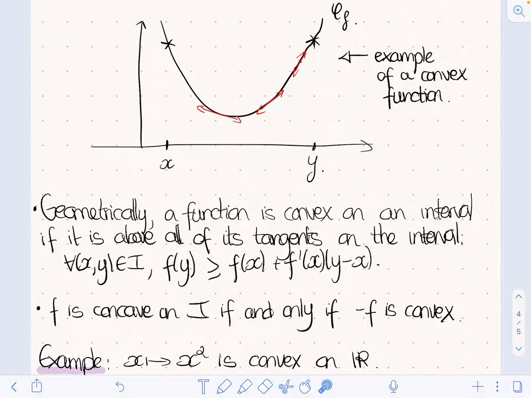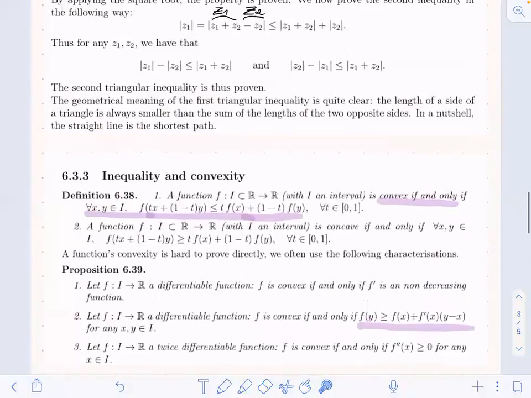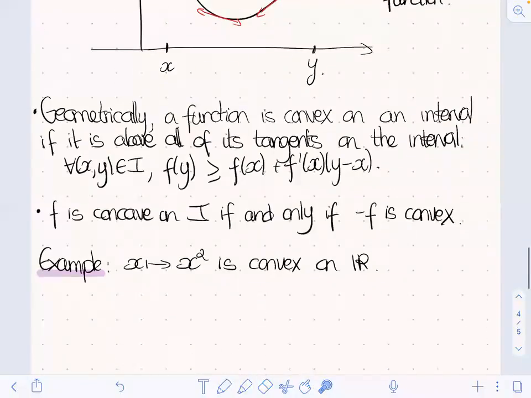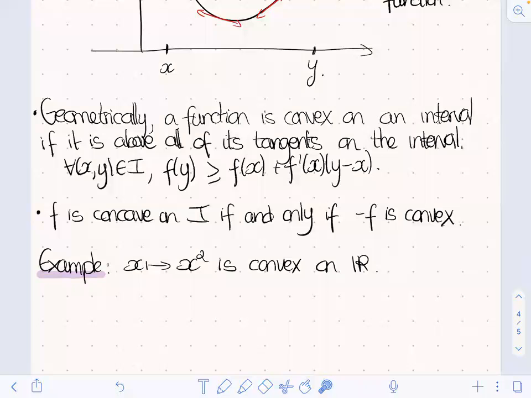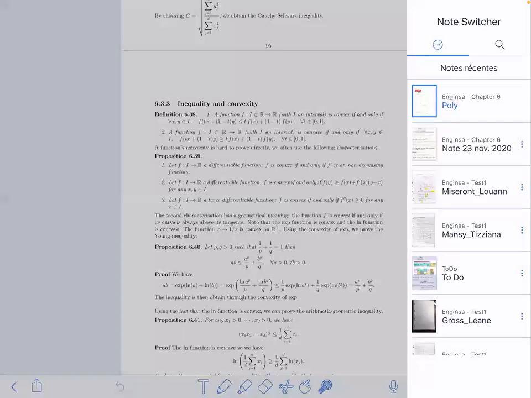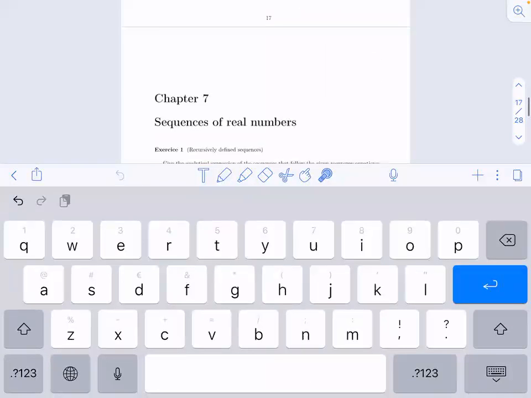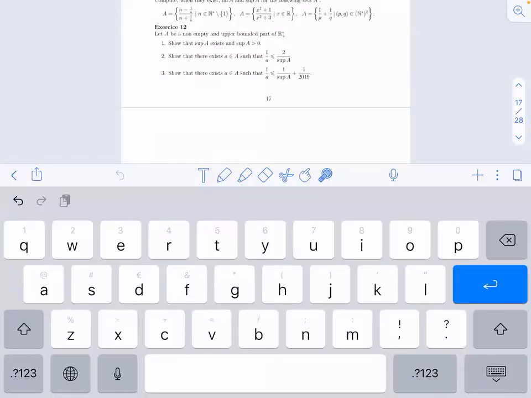So what we can do, if you're okay with these two notions, is turn to taking a look at some exercises. I'm not sure that we'll apply all of these things straight away today. Let's see.